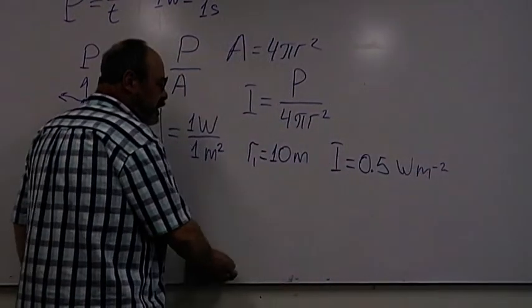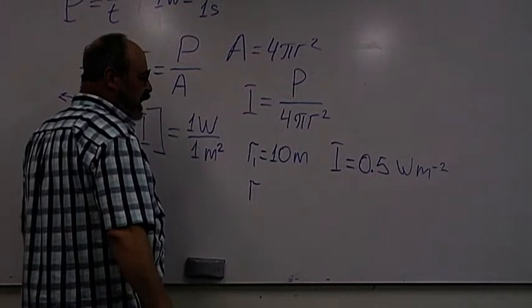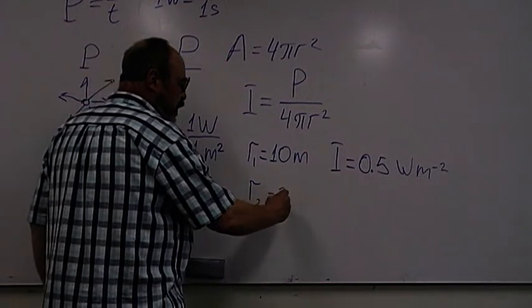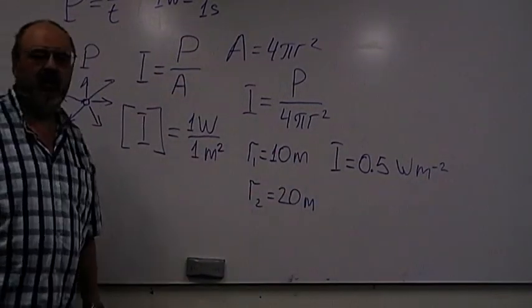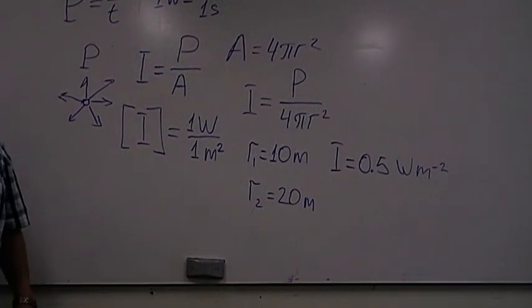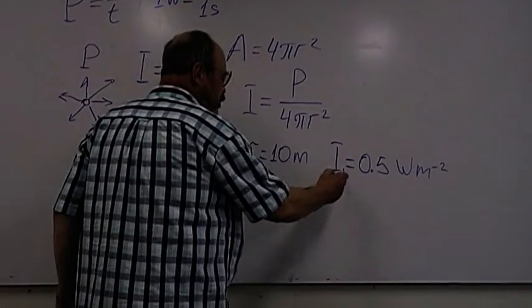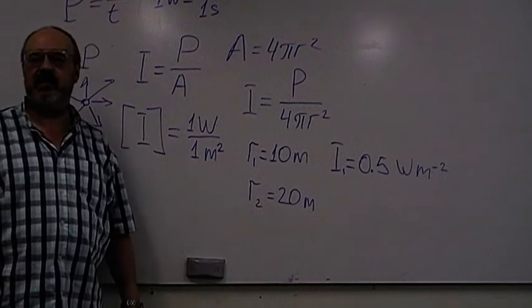What will be intensity of the same sound at the distance 20 meters? How will we find that? What will be the easiest way to find the intensity of the same sound at 20 meters of the source?